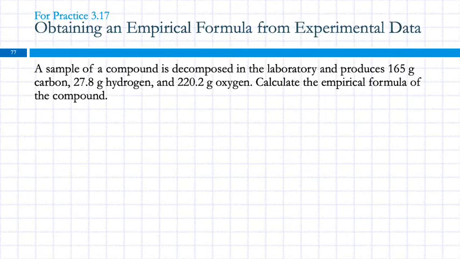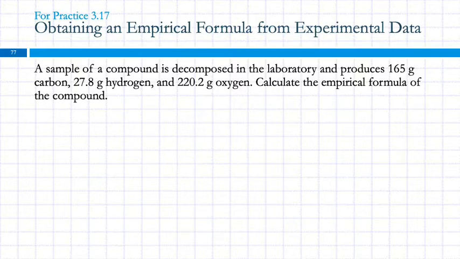So let's do an example. A sample of a compound is decomposed in the lab and produces 165 grams of carbon, 27.8 grams of hydrogen, and 220.2 grams of oxygen. Find the empirical formula. So we need to start with masses of the elements, and they gave those to us.